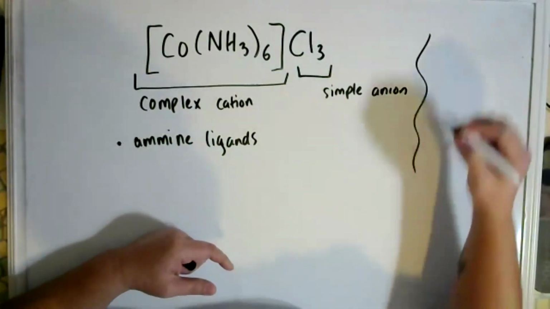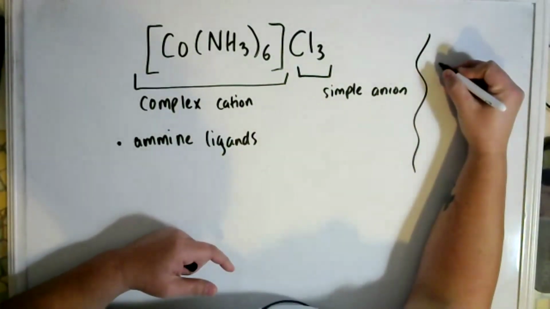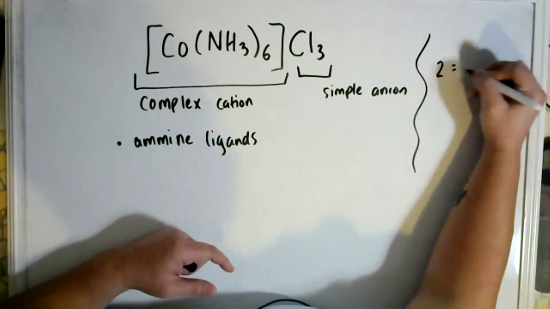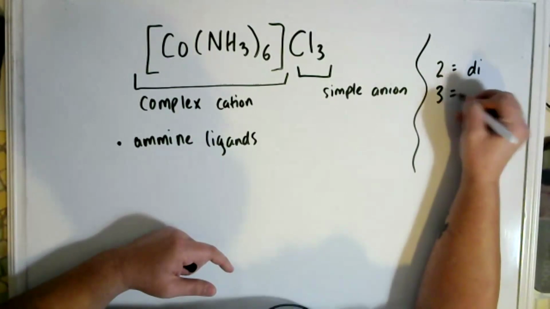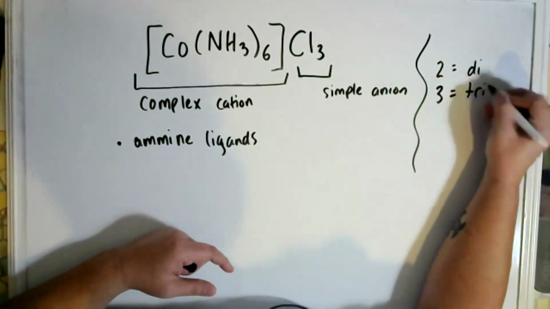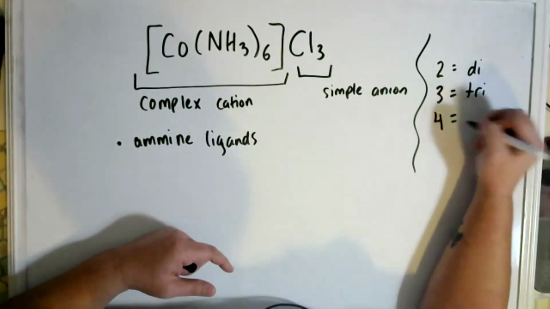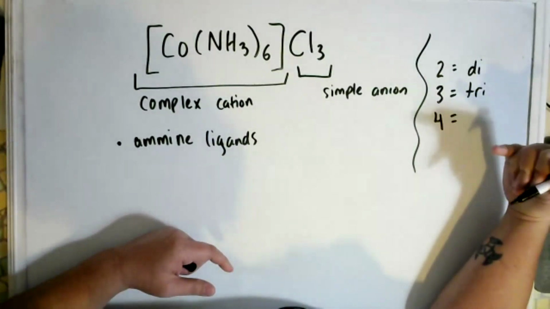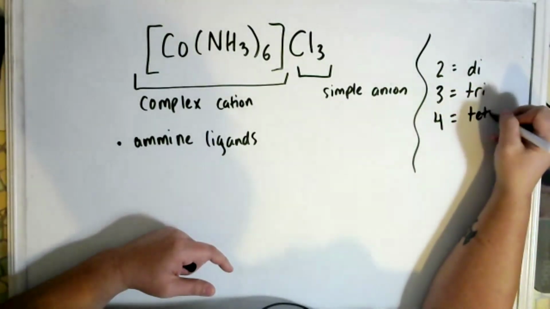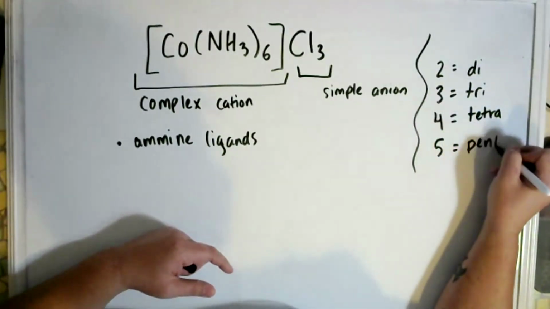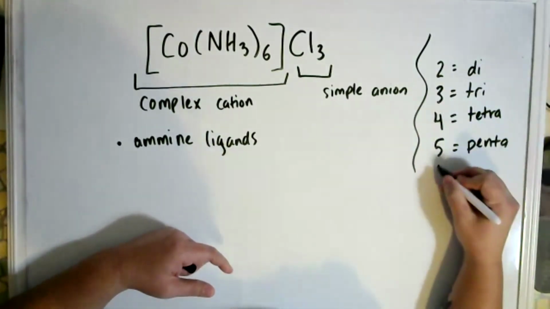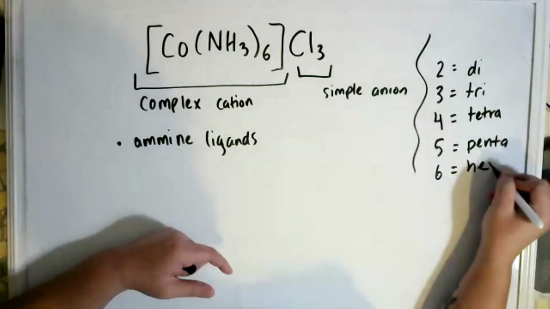If we have 2 ligands, the prefix is going to be di. If we have 3 ligands, it's going to be tri. These should all seem very familiar. If we have 4 ligands, our prefix is going to be tetra. 5 is going to be penta, and 6 is going to be hexa.